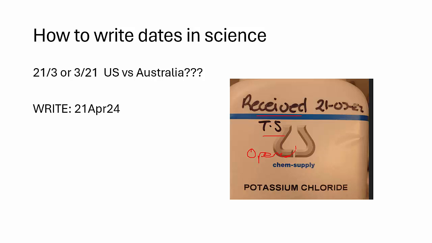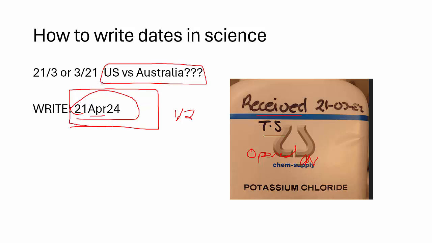So you need to write opened, do your initials, and the proper way to write a date is to put the month afterwards with 3 letters, so that if you're working with other people that speak English, you don't get confused, such as 1, 2. You don't know if that's the 1st of February or 2nd of January.